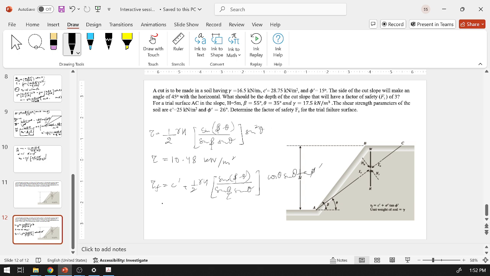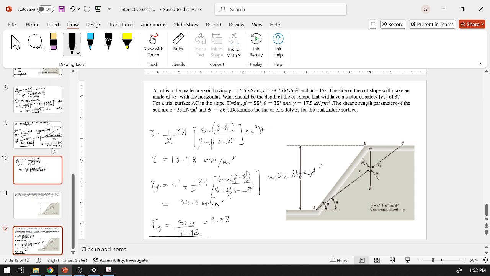And if you calculate this, it will come out to be 32.3 kilonewton per meter square. So the factor of safety will be 32.3 over 10.48, which is 3.08. This will be the factor of safety. So it's a straightforward question.